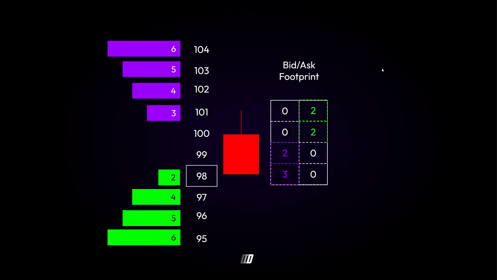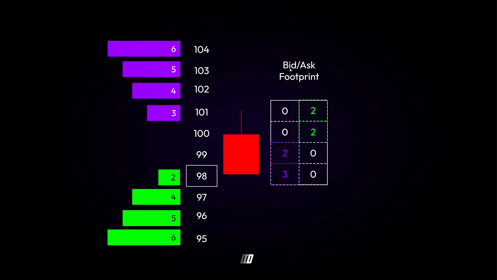So this is what we call a footprint chart or a bid-ask footprint chart. It basically summarizes for us what happened during the auction, what caused price to move, what are the orders that pushed the market in a specific direction, how many were they, both from the aggressive side and the passive side, because if there were three contracts sold, they were aggressively selling and passively buying at the same time.